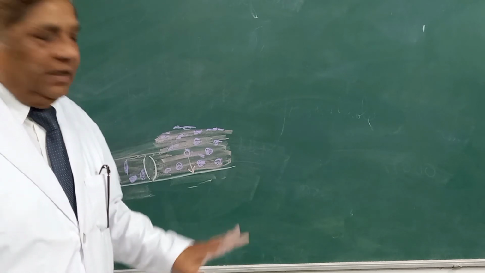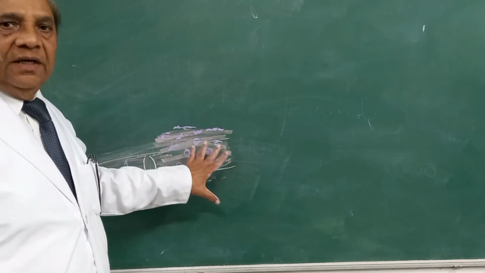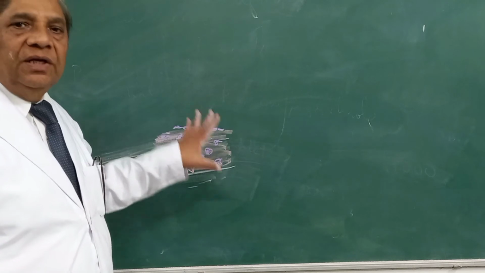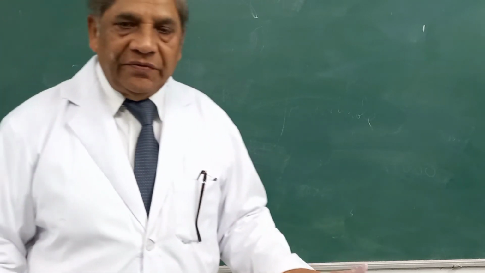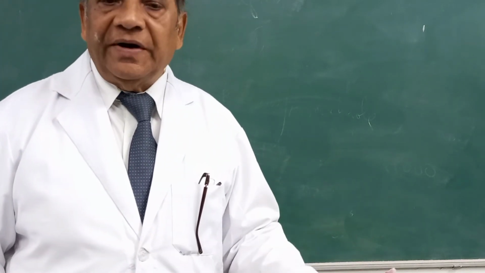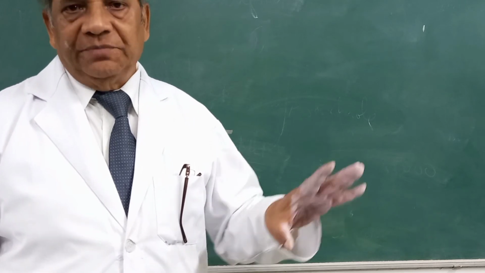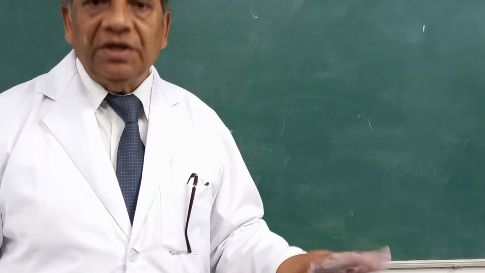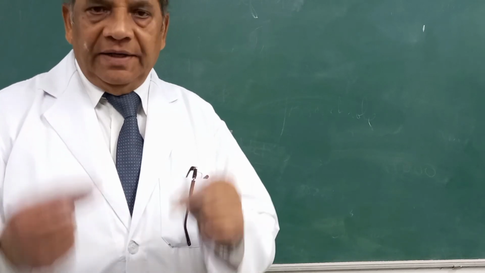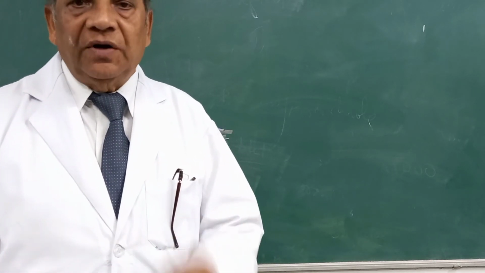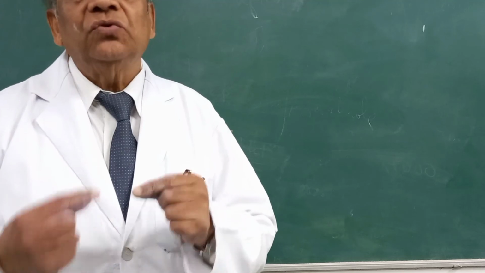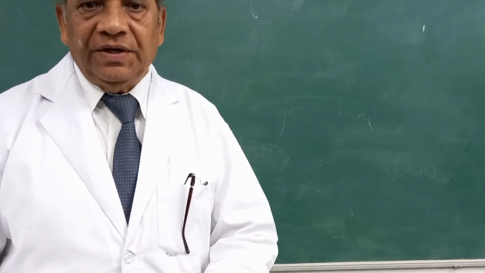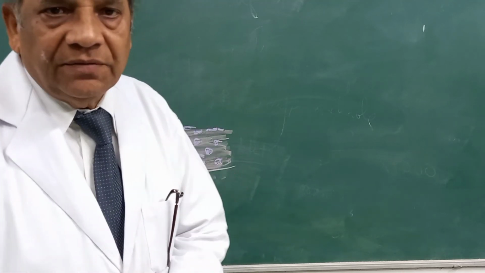Yes, I know that this epithelium is really difficult to identify by a newly admitted student, but you have to learn with the help of your teacher how to distinguish a true stratification from the pseudo-stratification.